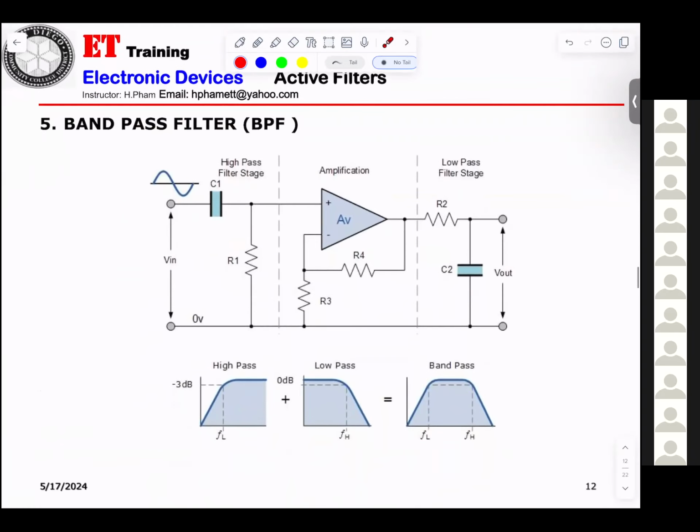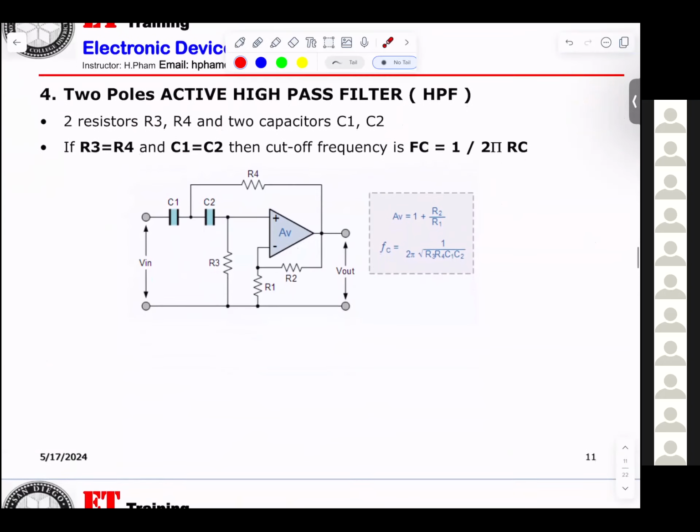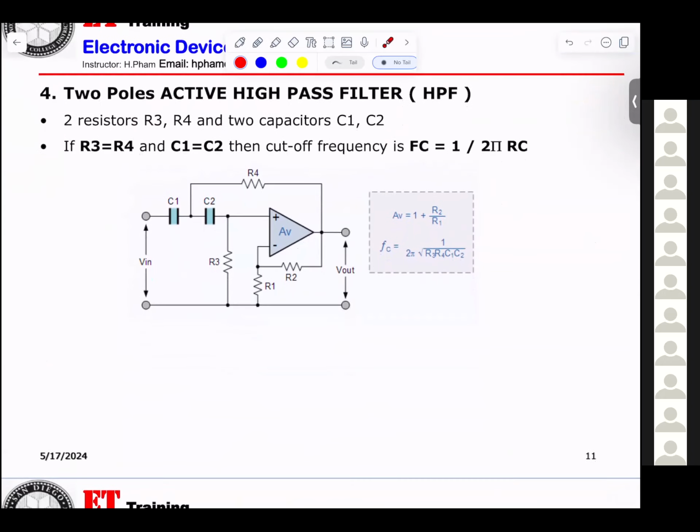Mr. Pham, before you leave that one real quick, the gain is R4 over which resistor? They're talking about this resistor here. Oh, for the gain, is it R2 over R1, or how does it go? Yeah, 1 plus R2 over R1. Yeah, I see it now.